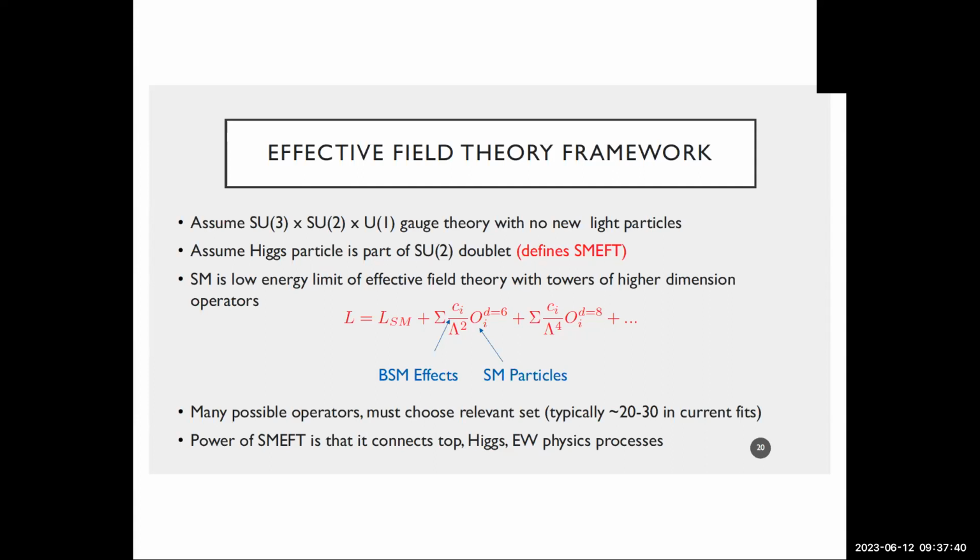What about odd dimensions? Well, at dimension 5, there's only one operator I can write, and that's connecting the lepton doublet, which is the electron and the neutrino, with the Higgs, because I've assumed this is gauge invariant. This one operator that I can write at dimension 5 violates lepton number.